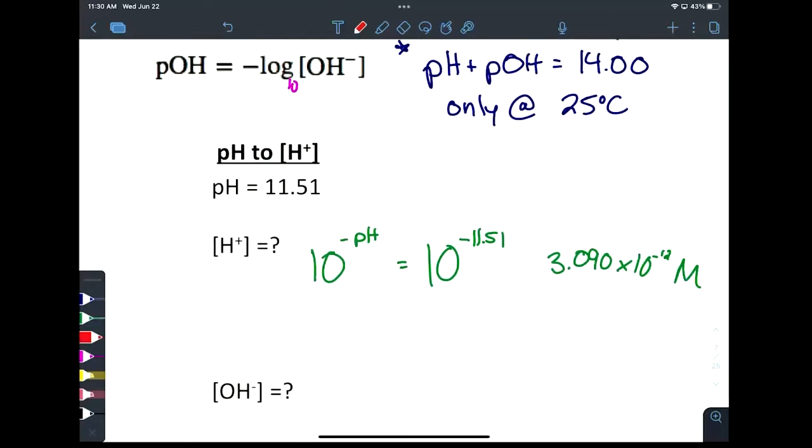How I go about this is I see in the pH number, any integer doesn't contribute to our sig figs. So my pH value only has 2 decimal places, so I want to round my molarity to 2 sig figs. So 3.1 times 10 to the negative 12 molarity. All right. Now we want to get OH concentration.